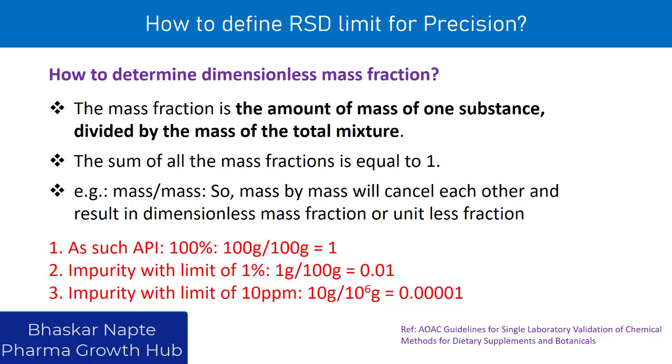So if you further simplify these terms, you will end up with 0.00001, which is the dimensionless mass fraction for the 10 ppm. I hope you understand how to calculate dimensionless mass fraction.